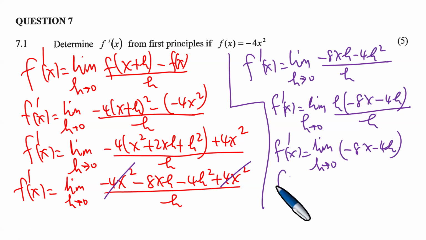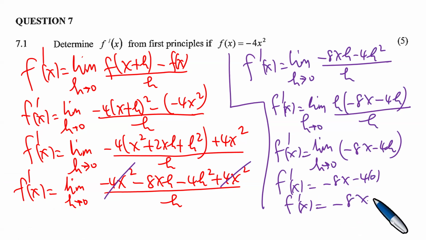As h tends to 0, this is exactly minus 8x minus 4 times 0, and therefore f prime of x is minus 8x. And this is the answer to the question.